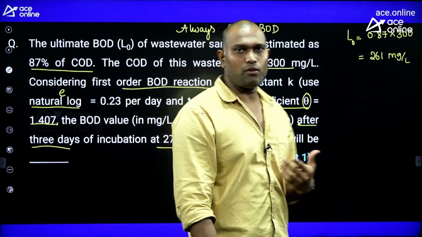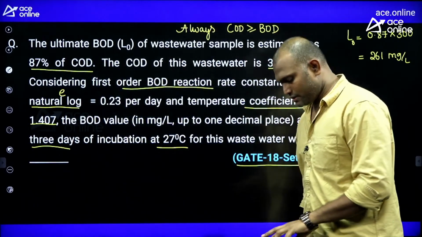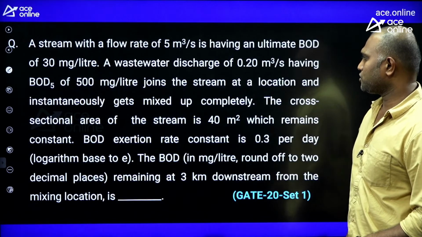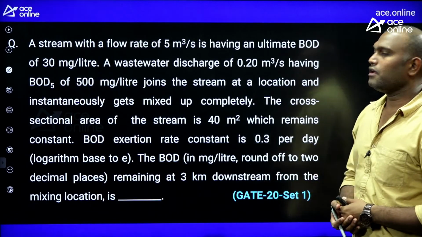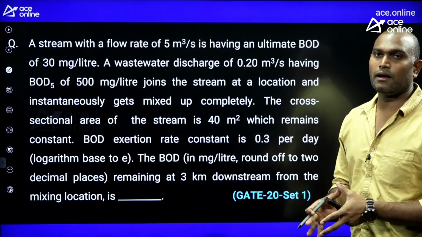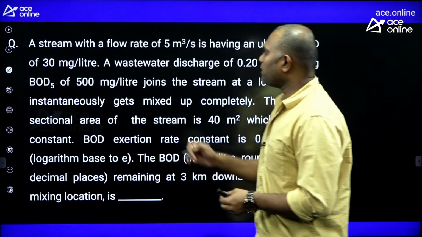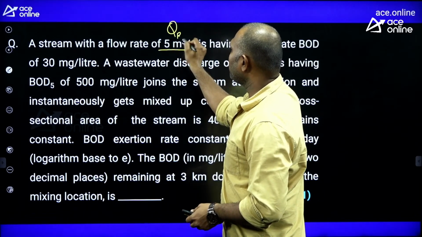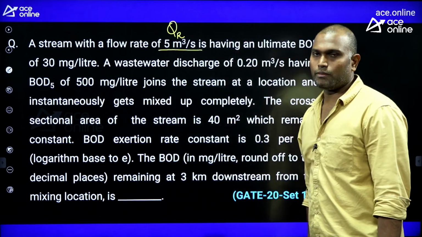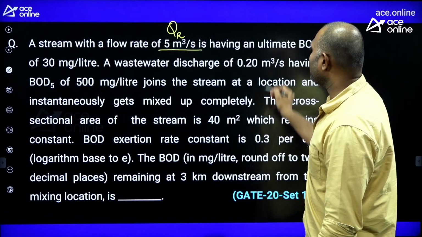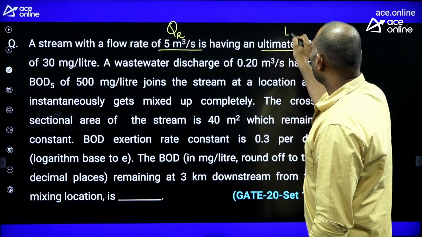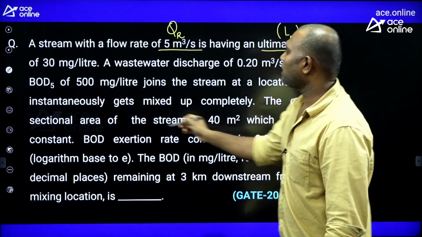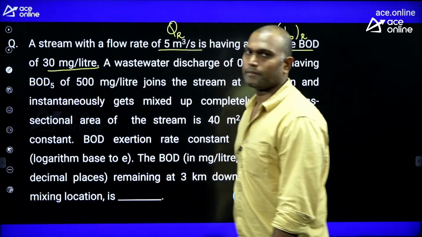So these are some of the models that appeared in the previous GATE, and with one last question I'll be winding up this session. This is a very good question where they have mixed the points. A stream, meaning a river, with a flow rate of 5 meter cube per second, has an ultimate BOD in the case of the river of 30 mg per liter.